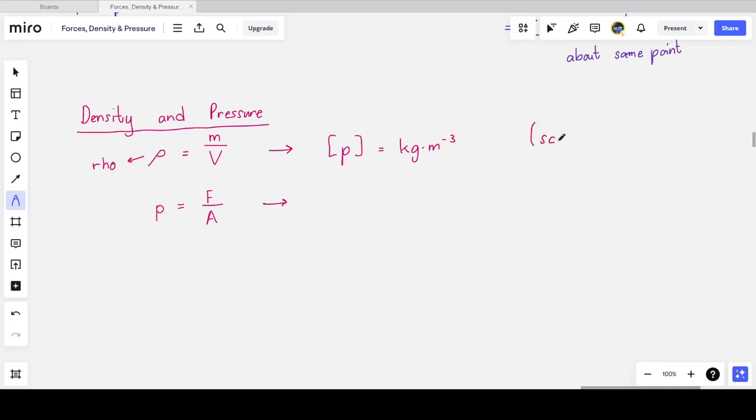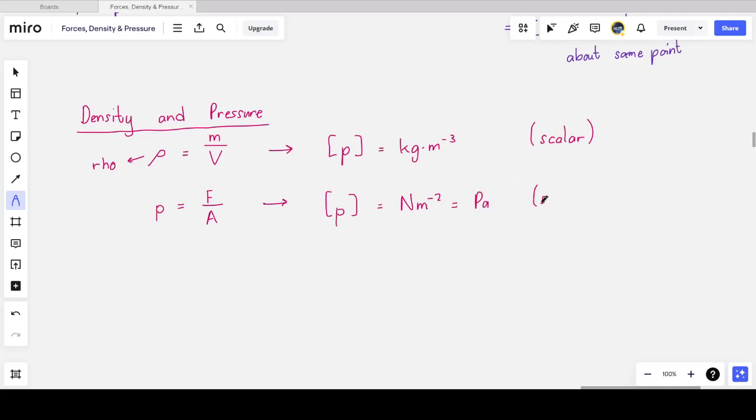Now, what I should mention is that density is a scalar, and pressure is force per unit area. What could that possibly be? We'll get back to that. But the unit of measurement for pressure, if the pressure is a force per unit area, is then Newton per square meter, which we give the derived unit of the Pascal.